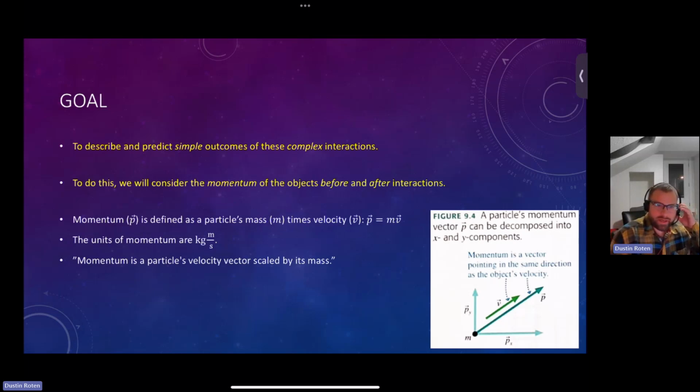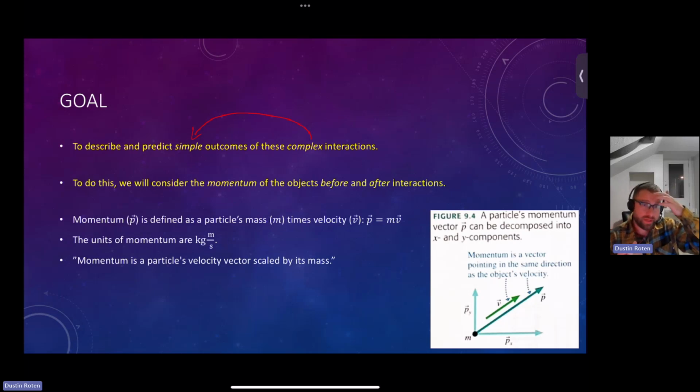So the goal is to describe and predict some simple outcomes from these very complex interactions. You can imagine with everything going on in a collision or an explosion, these can be quite intense interactions. But the goal is to move from this complex picture to something we can write out in simple equations that encompass the whole complexity of the interaction.